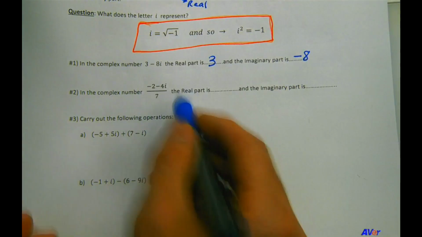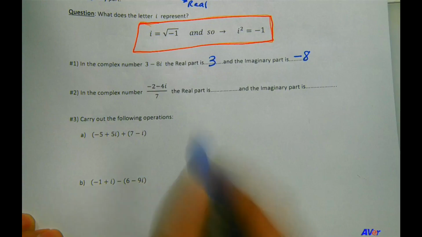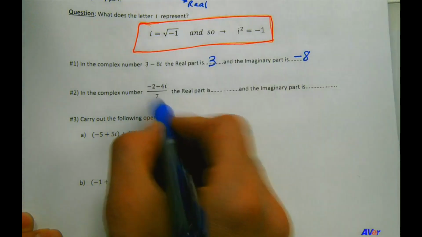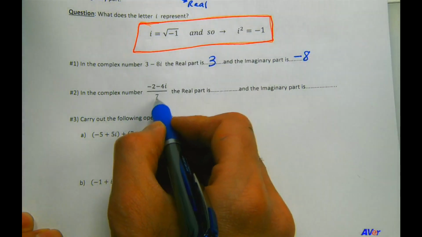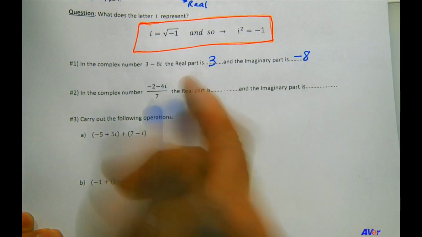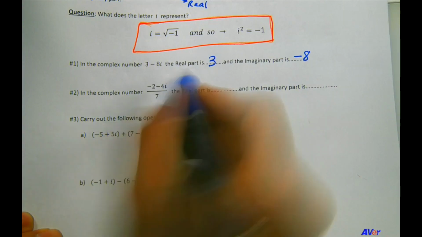Again, I'm assuming you've already answered this question, which is great, and now you're here to see how I'm going to answer this. Well, right now the real and imaginary pieces are mixed together. We need to separate that.